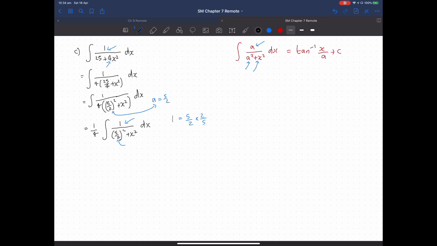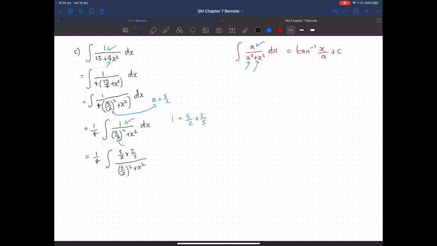So the way in which we approach this is we look at that top line now and say, my top line is 1. That is the same as writing 5 on 2 times 2 on 5 over 5 on 2 all squared plus x squared.